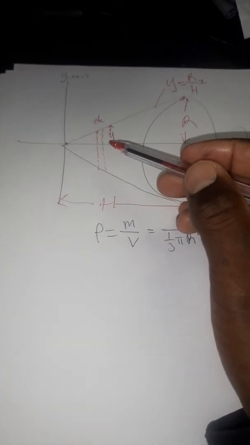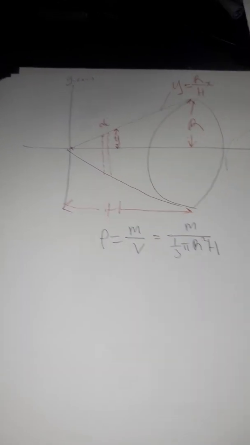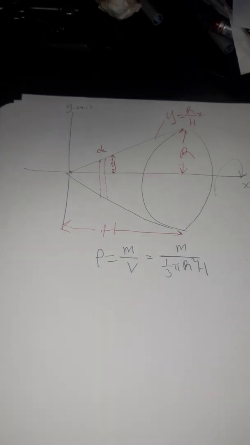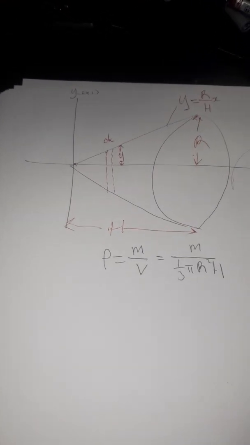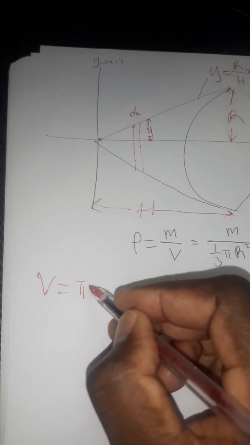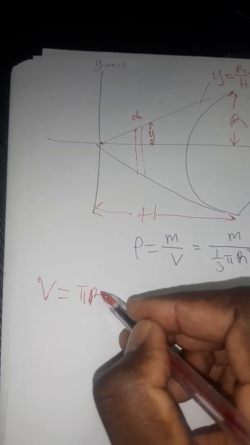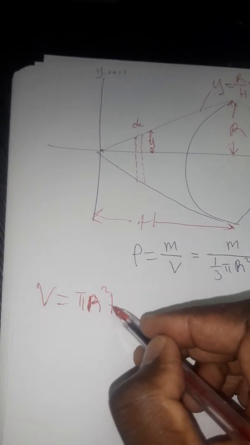But now this disk is in the form of a cylinder, so its volume is going to be pi r squared times h.